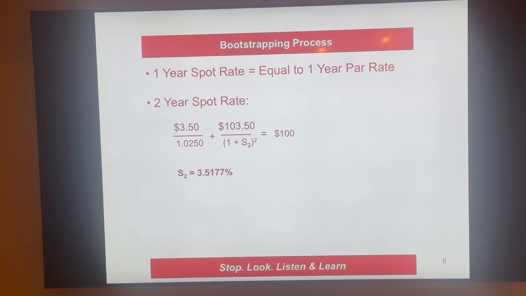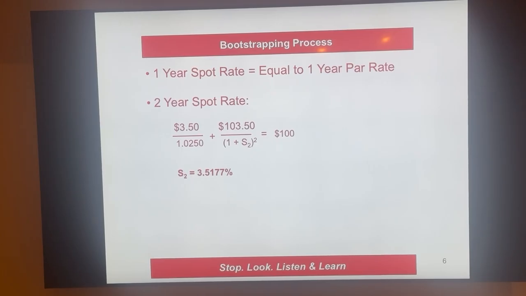And then we'll take the cash flows we're going to get 2 years from now, which will be equal to the coupon of $3.50 and the face value of the bond, which will be $100. So at the end of 2 years, we will receive $103.50, and we'll discount that cash flow at the 2-year spot rate, which is what we're trying to determine here.